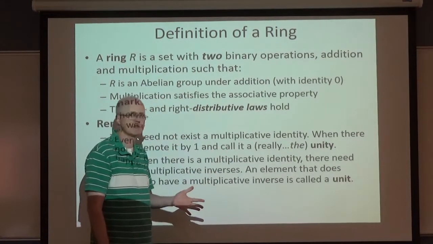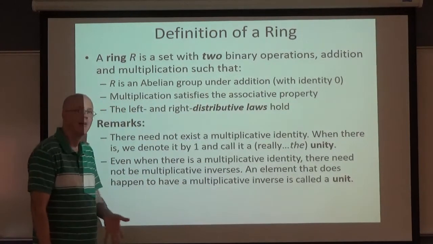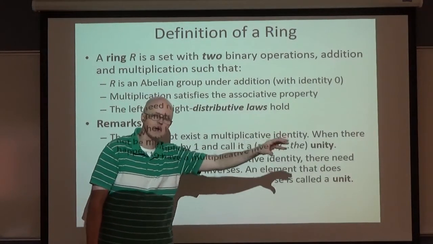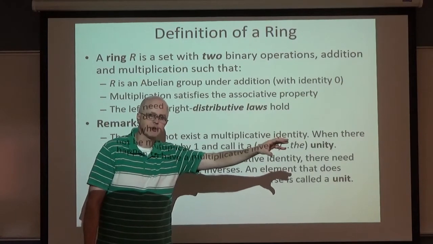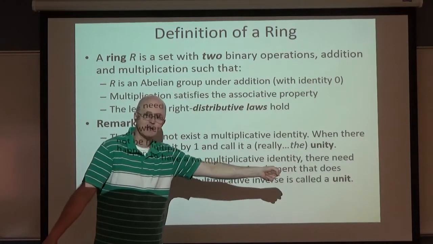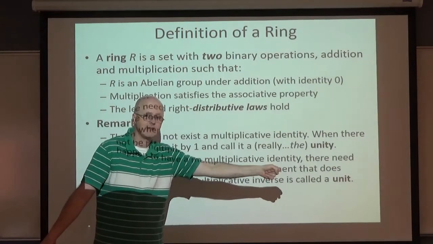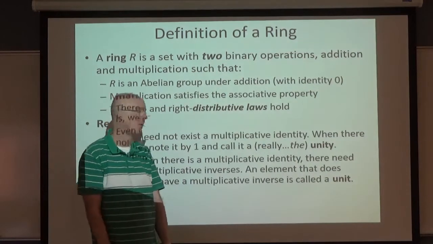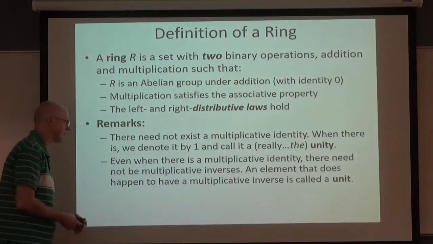For example, take the real numbers, subtract away 0, a group under multiplication. Every element is a unit in that case. We've taken away 0. 0 couldn't possibly be a unit because there's nothing you could multiply 0 by to get 1. So that's part of the reason we take away 0.